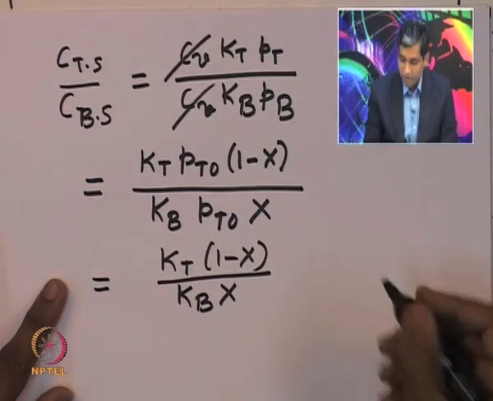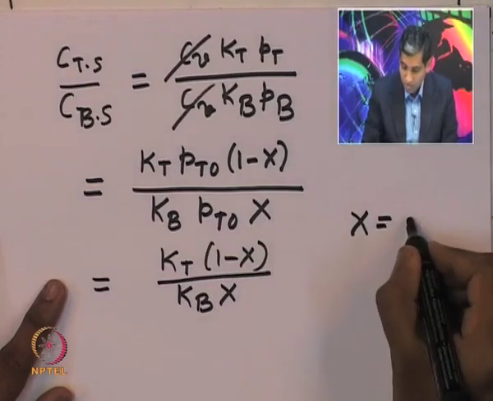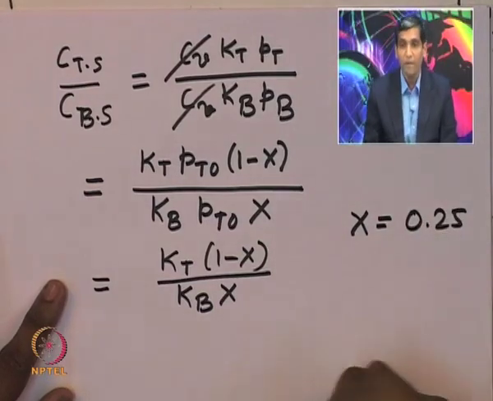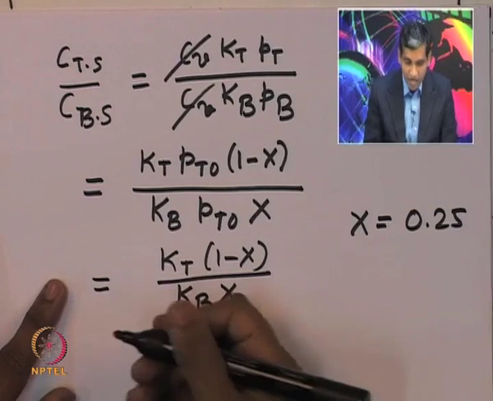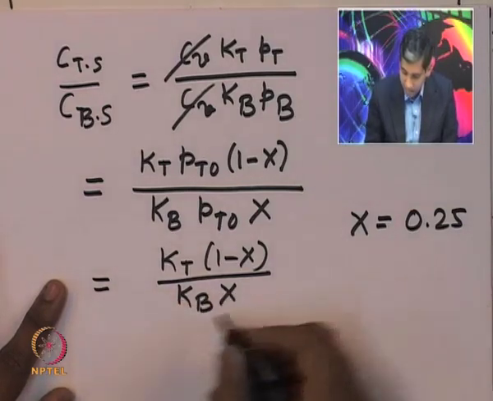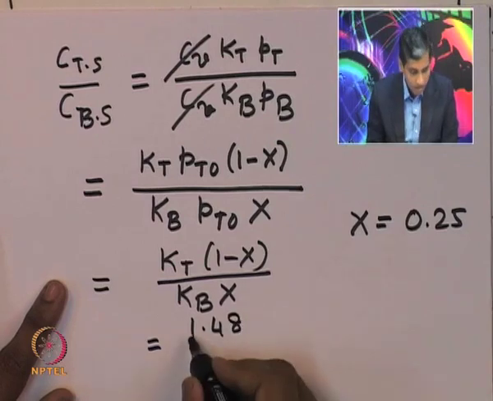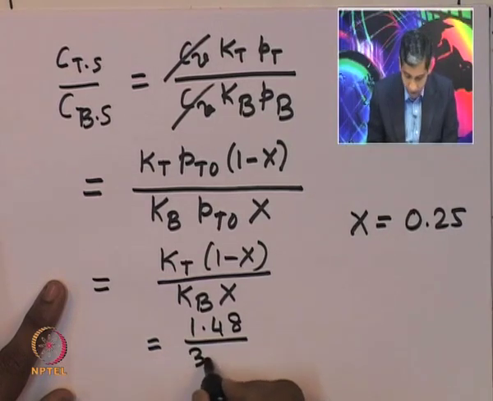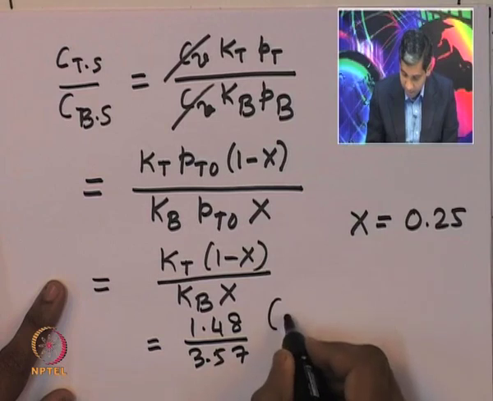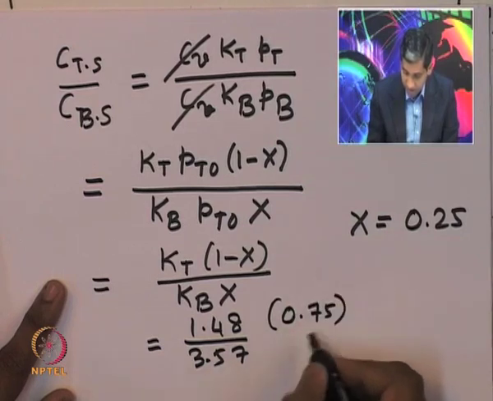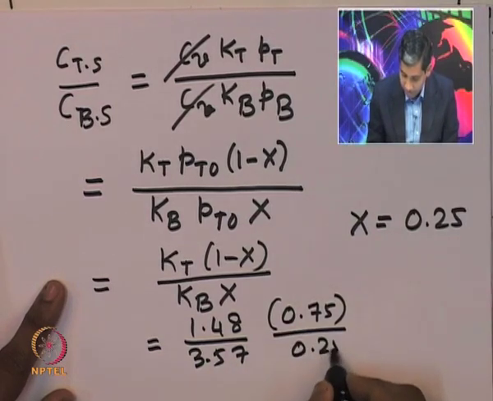Okay. Suppose the conversion x is about 0.25, that is, a 25% conversion. Then we can plug in these numbers, and this is equal to 1.48 divided by 3.57, multiplied by 0.75 divided by 0.25.